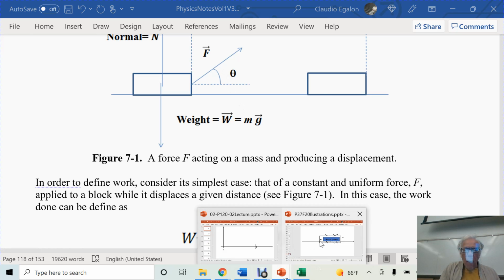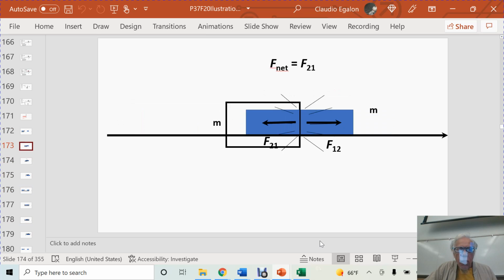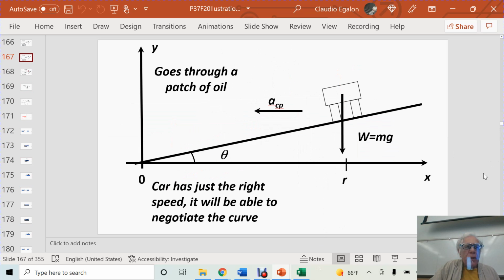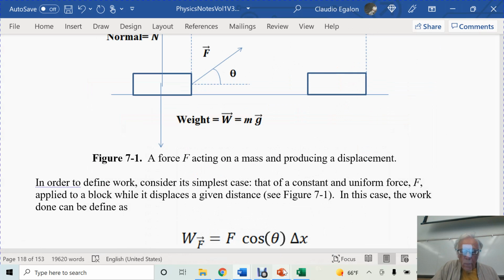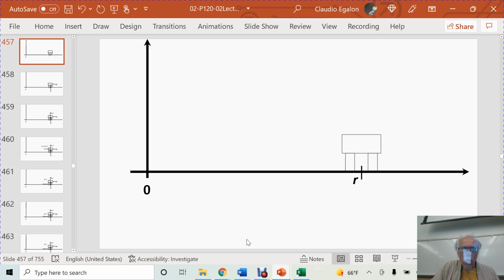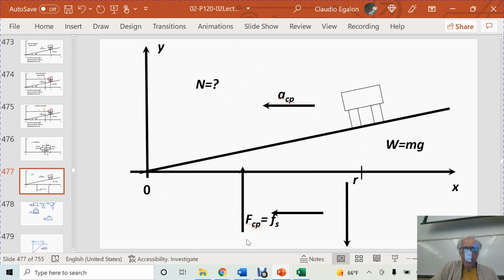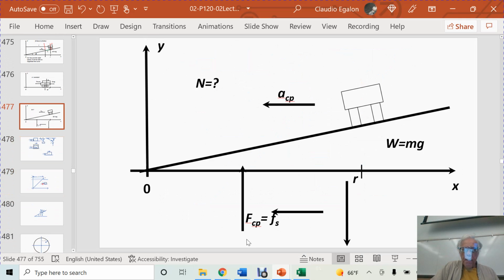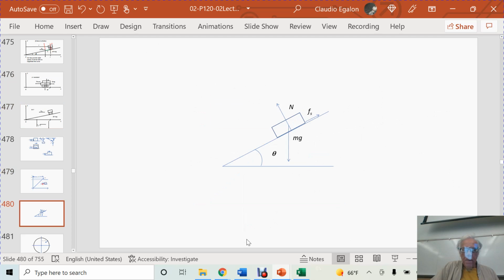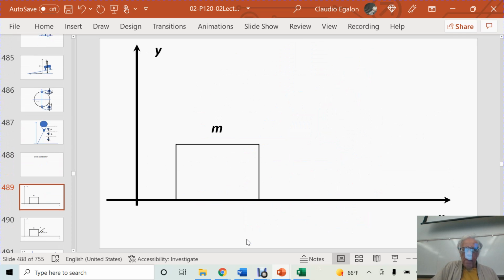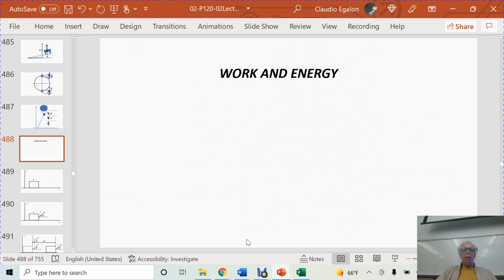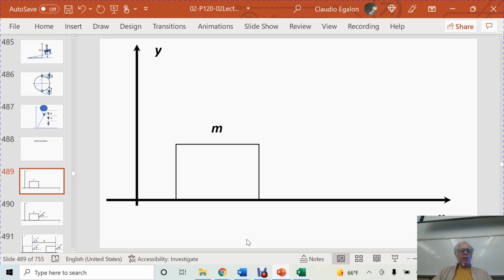Okay, work and energy. Here you go. Suppose that you have an object sitting at a place, and then you apply a force to this object, and this object moves from one point to another.